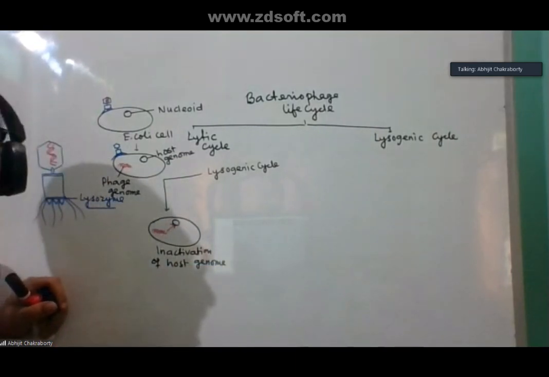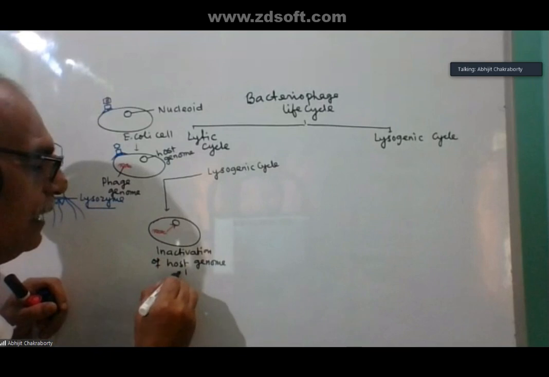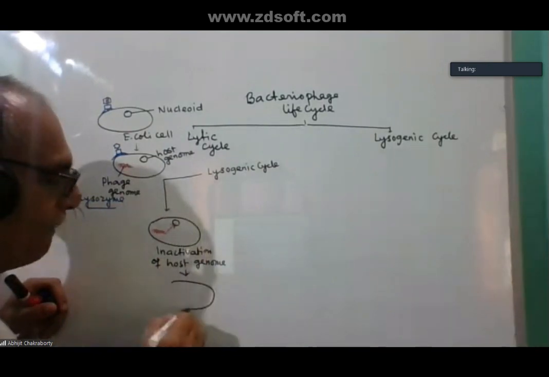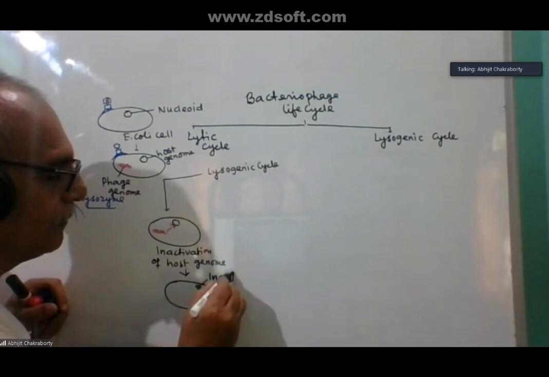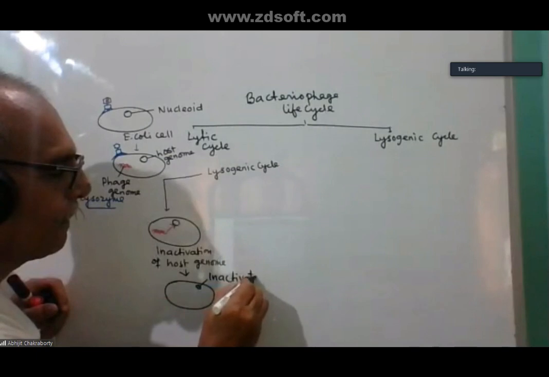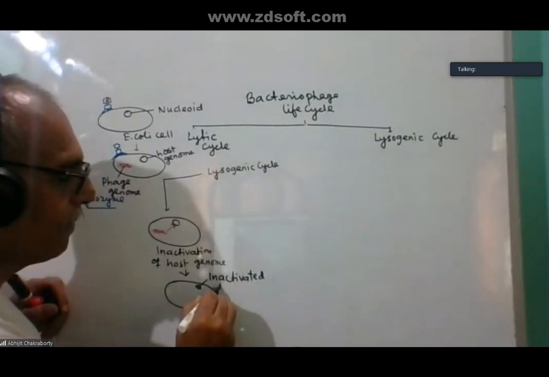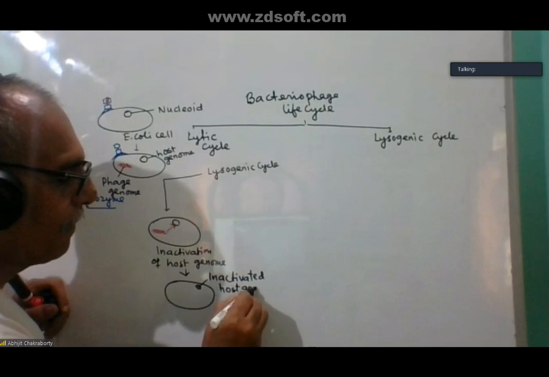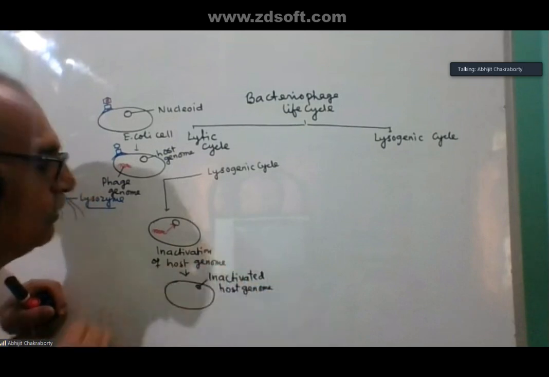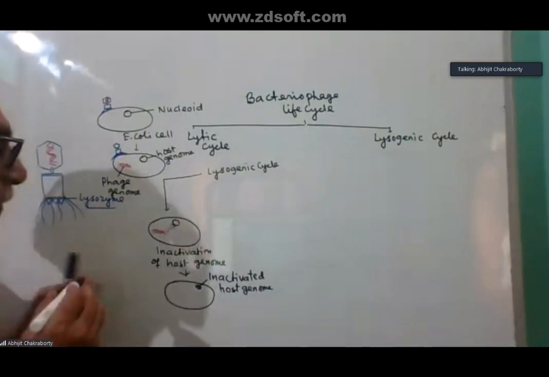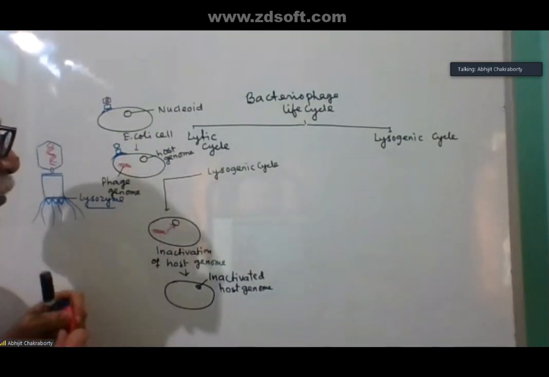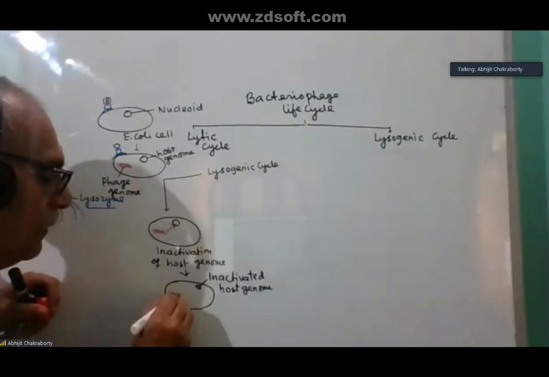After that, what will happen? Then the cellular machinery got inactivated. Now the cellular machinery is under the control of phage genome.